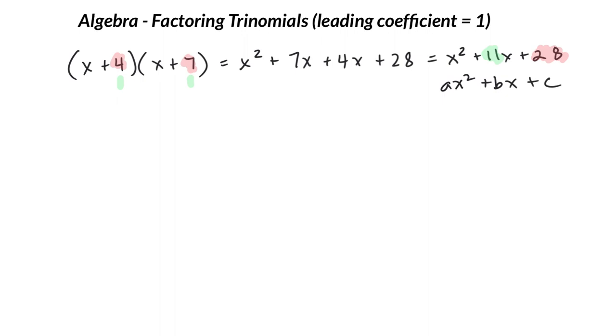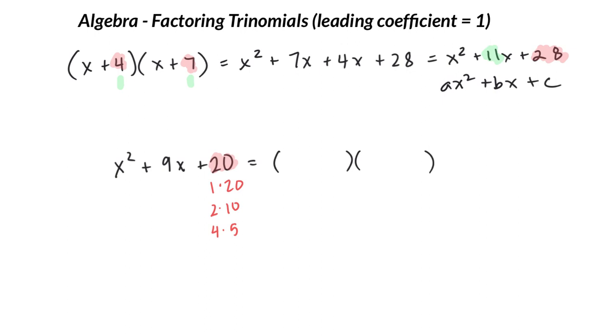So if we're given a trinomial and asked to write it as the product of two binomials, we can use this idea. So let me start with this. This number here, 20. I need two numbers that multiply together to be 20. Let me write down the pairs that multiply together to be 20. 1 times 20, 2 times 10, and 4 times 5.